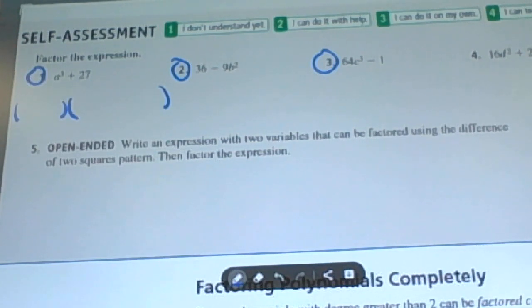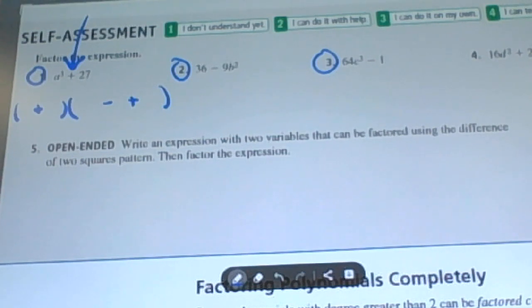All right, so I see 27. I know 27 doesn't square root, so I look at this list. Sure enough, 27 cube roots. So I use a little parenthesis and a bigger parenthesis, a binomial and a trinomial. I noticed that it's a plus sign, which is a sum. So I think about the model for a sum, and I'm going to go ahead and fill in the signs. Signs go plus, minus, plus.